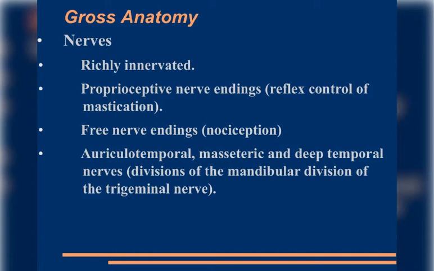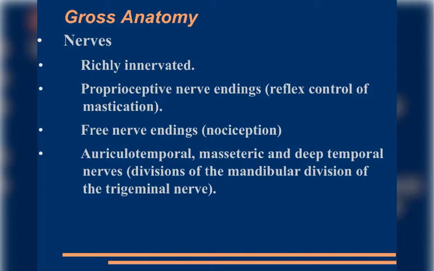For example, when we chew accidentally on something very hard, the pressure will increase dramatically inside the temporomandibular joint, and this pressure will be sensed by these proprioceptive nerve endings.